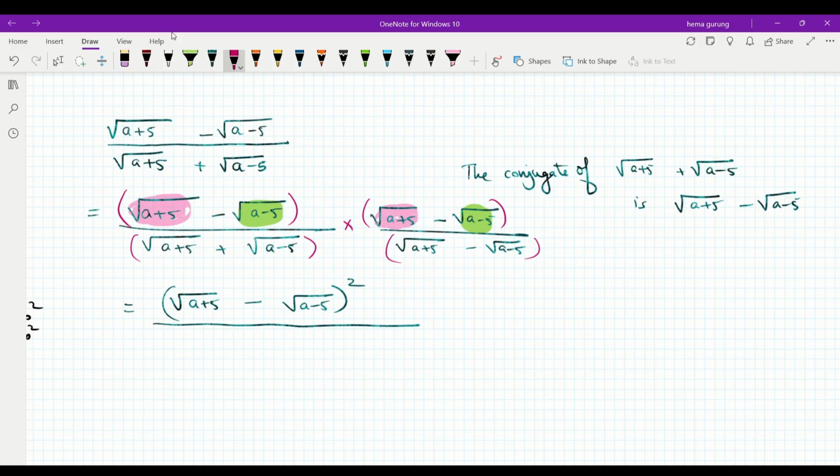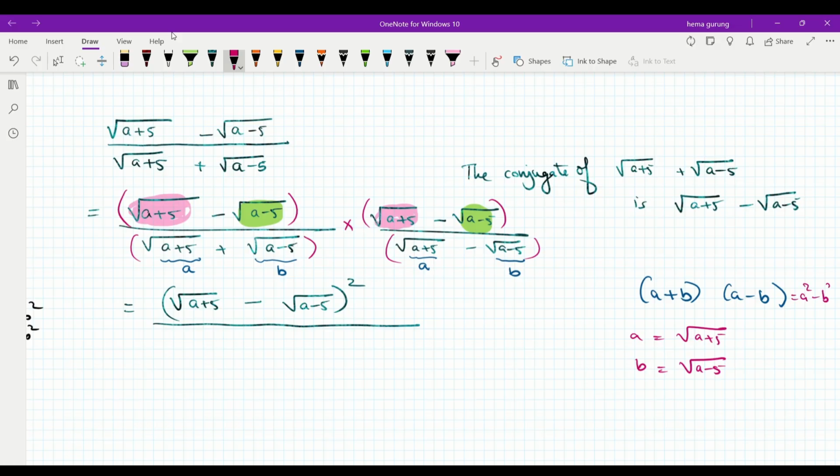And in the denominator, if you see, if I consider this as a and this as b, it is in the form (a + b)(a − b), where a is √(a+5) and b is √(a−5), right?